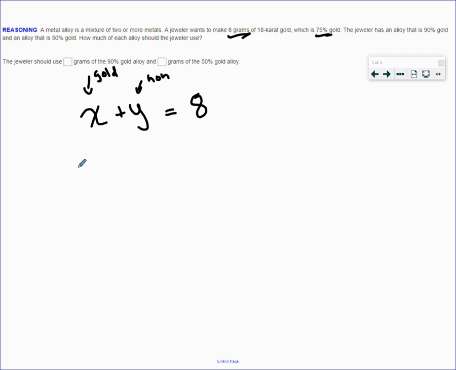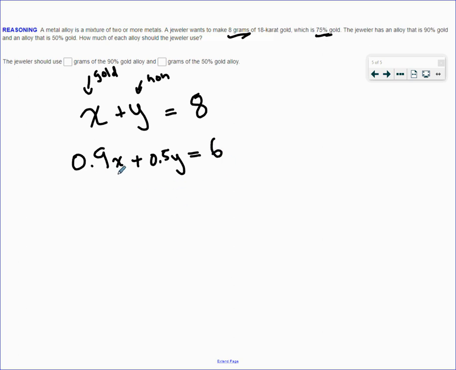We also want that 0.9 of x, that's the one that's 90% gold, plus 0.5 of y, that's the one that's 50% gold, together to equal 6 grams of gold, right?